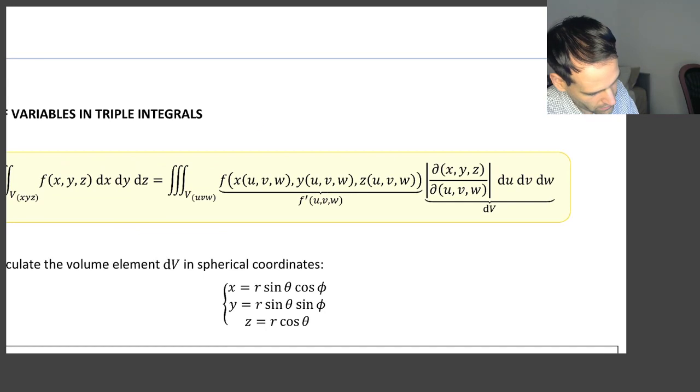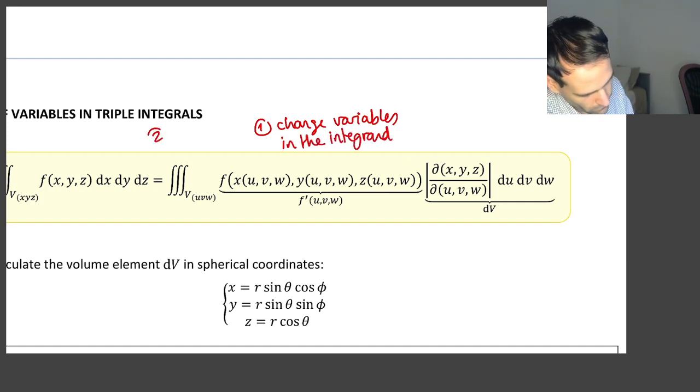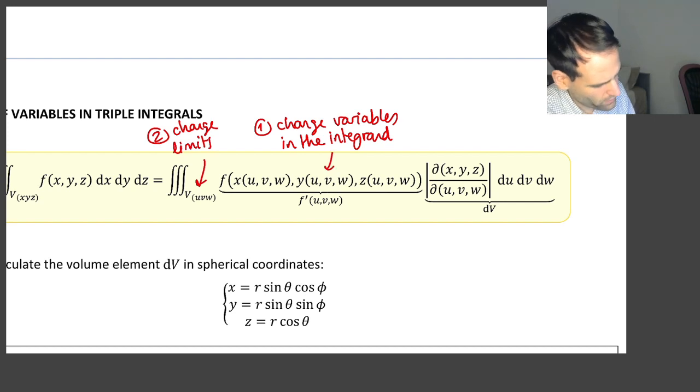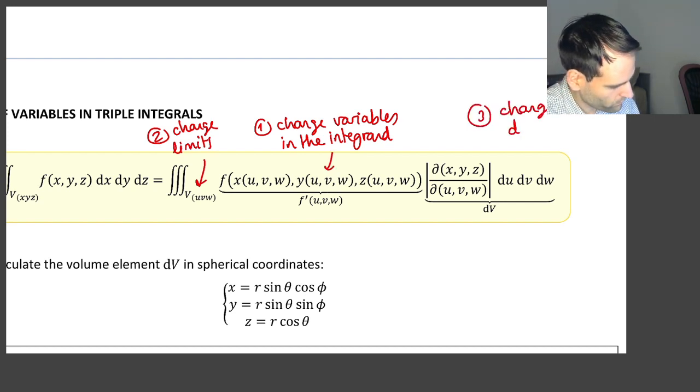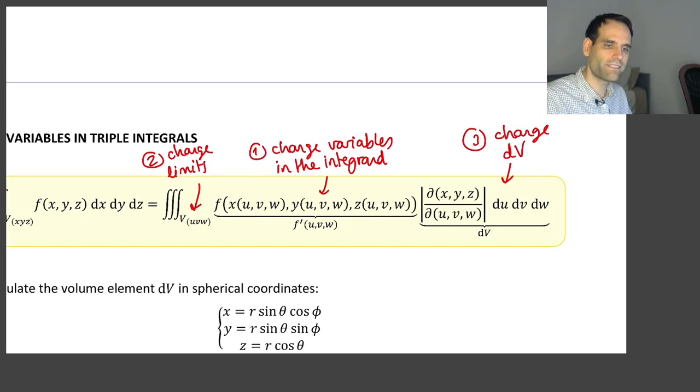So one, change variables in the integrand, two, change the limits, which is encoded here, and 3, change dA. In this case it's dV, because now it's a volume integral, right?